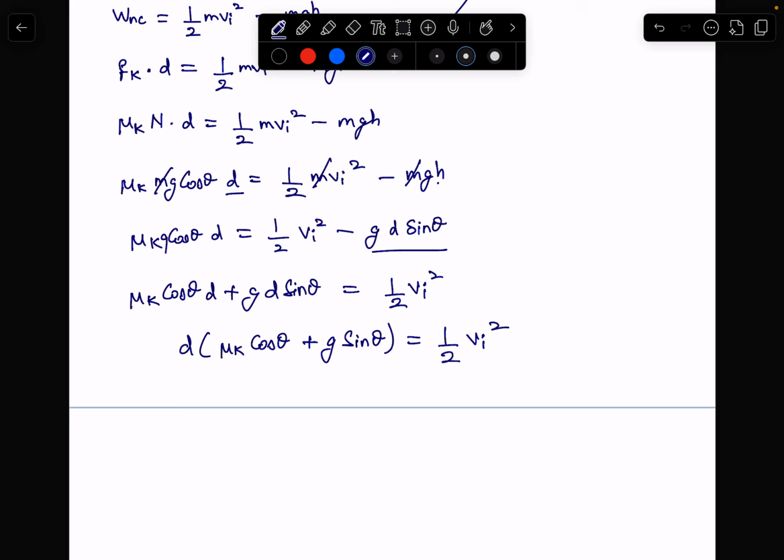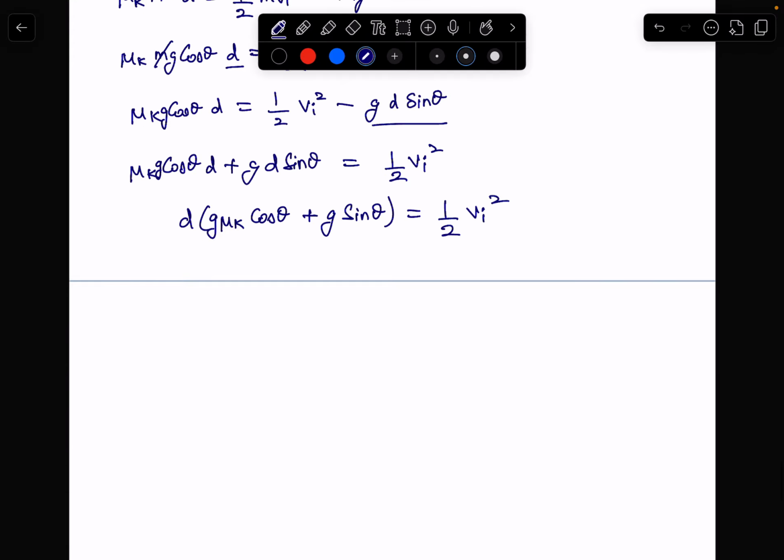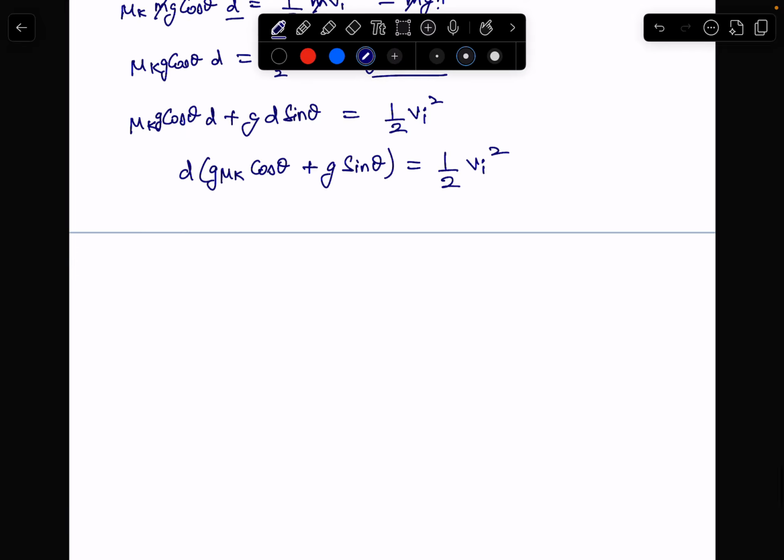Oh, I missed a g here. So d is equal to vi squared divided by 2 times g. I just took g common, so mu k cos theta plus sine theta.